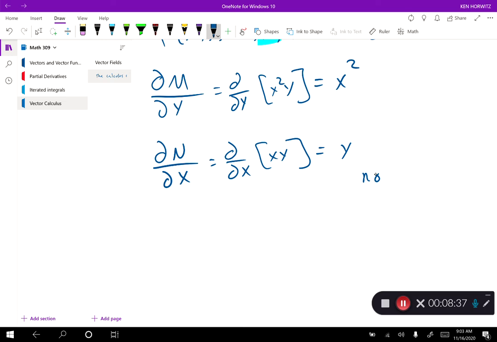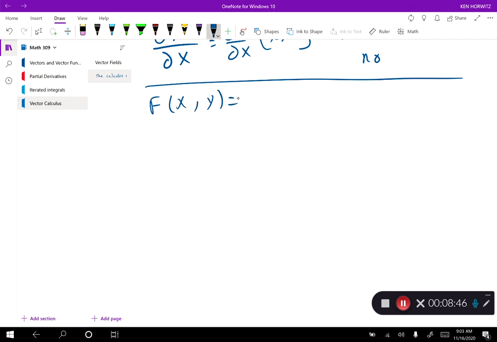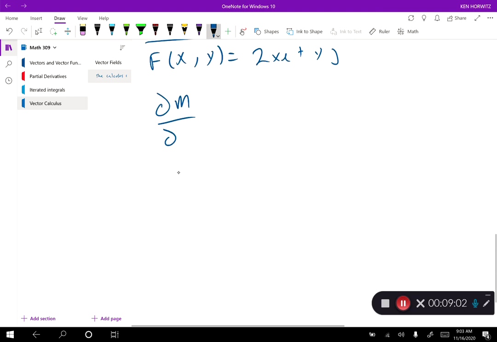All right, let's try one more. If I have f of x, y equals 2x i plus y j, I need my partial of M with respect to y and my partial of N with respect to x.